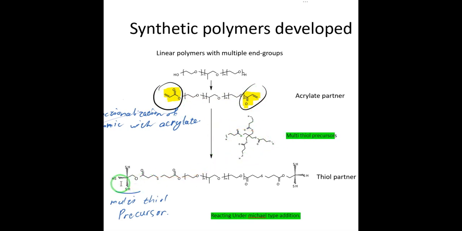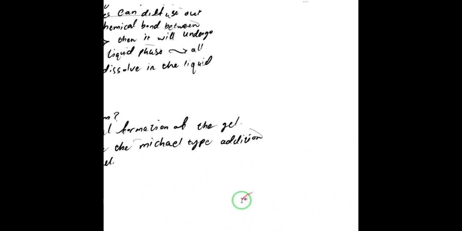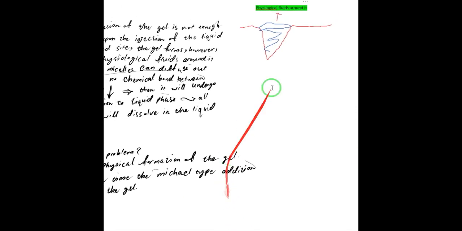So when they react with each other, we will have a network under Michael type addition, which is chemically bonded to each other. So now the concentration will not have the opportunity to be decreased due to the detachment of the polymer chains from our hydrogels when it is, let's say, injected into this gap, when it fills this gap.